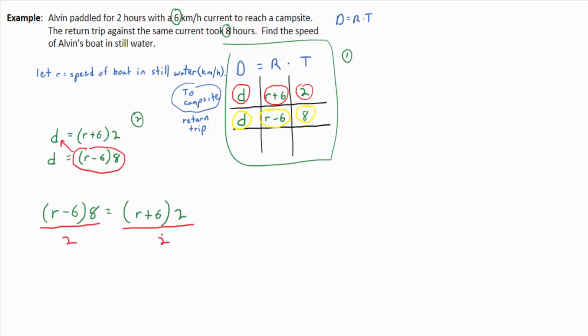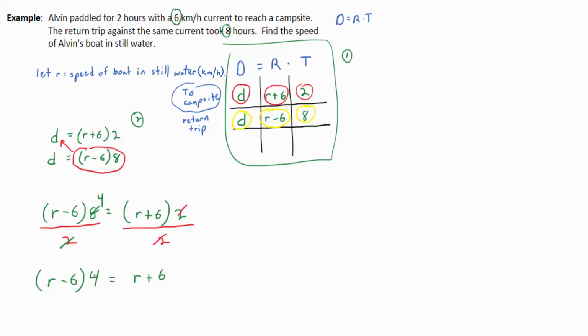The 2 divided by 2 makes 1, and on the right-hand side then you just have r plus 6. On the left-hand side you end up with r minus 6 times what? 4. And then we don't have a choice. We've got to distribute that 4, don't we?